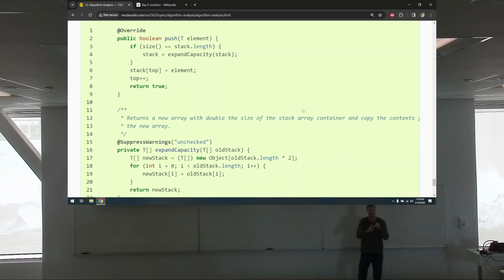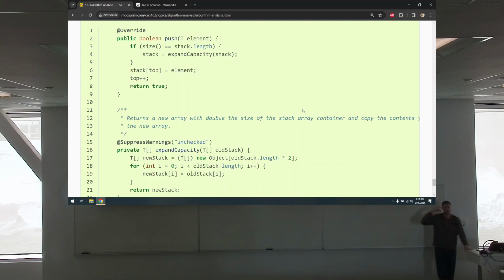Because I might need to expand capacity. So what should you use? It depends. You have to think about this a little bit. You have to really rationalize and consider what it means.